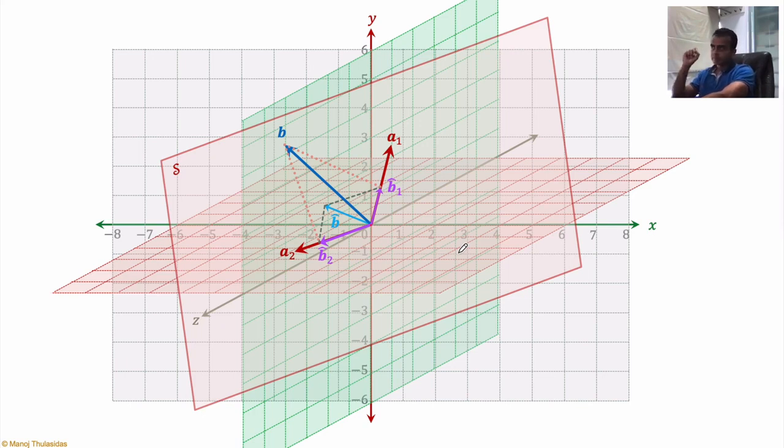That vector is like the shadow of B on the plane S. And in particular, if you take the error vector, which is from the tip of B hat to the tip of B, E is going to be perpendicular to A1 and A2 because you constructed it that way. You projected B to B1 hat and B2 hat, and then you added them up. So whatever is left will be perpendicular to the plane S.